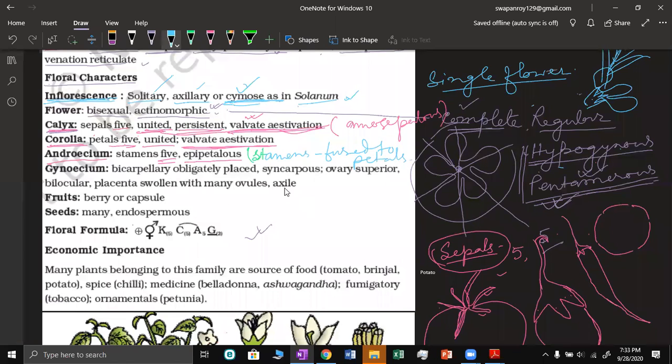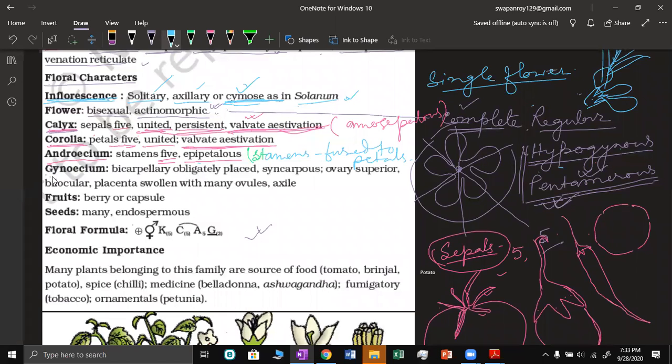Okay, so epipetalous is a very, very important character. Other characters are there, like the anther being bilobed, those things are common.